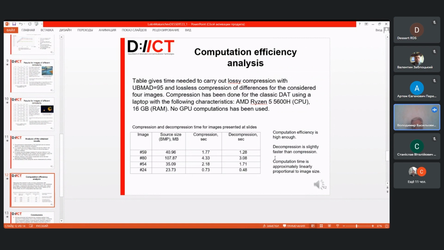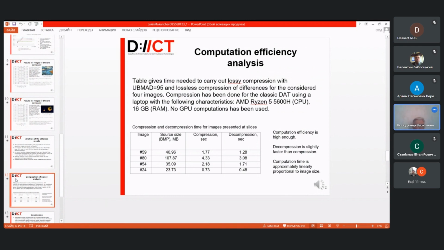Decompression is faster than compression. One more conclusion is that computational time is approximately linearly proportional to the image size. You see that for an image of about 100 megabytes, we need the largest time for both compression and decompression.